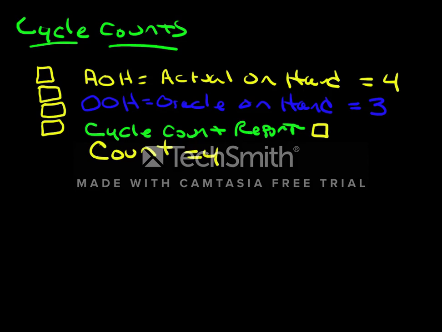And then we go back to Oracle and we enter the count. We set the count equal to 4. But what we'll notice here is that the Oracle on hand has not yet changed from 3 to 4, even though we entered the count.